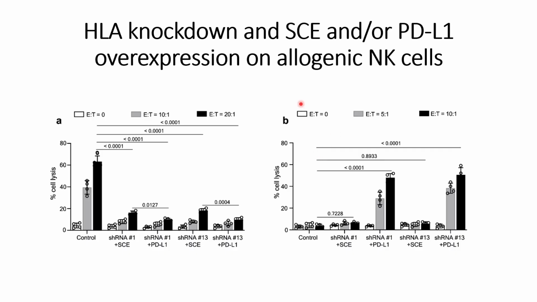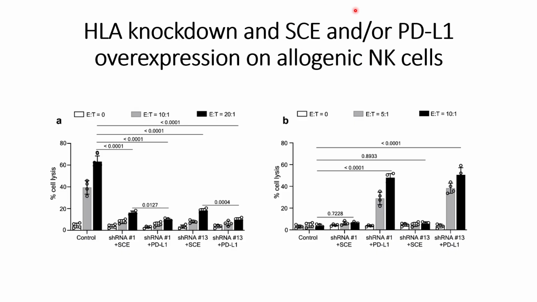So they checked these allogenic NK cells co-cultured with the K562 cells, and they were able to see that either when HLA is overexpressed or knocked down in the allogenic NK cells, the cytotoxicity against these K562 cells is minimum, but when they are combined with either SCE or PD-L1 overexpression, the NK cells' cytotoxicity against the K562 cells increases.